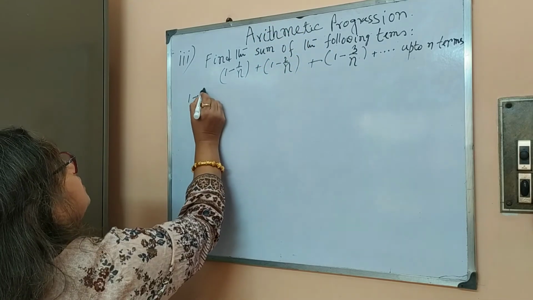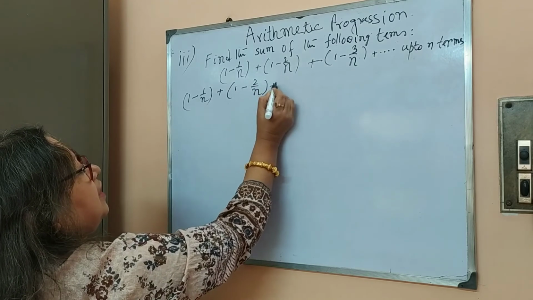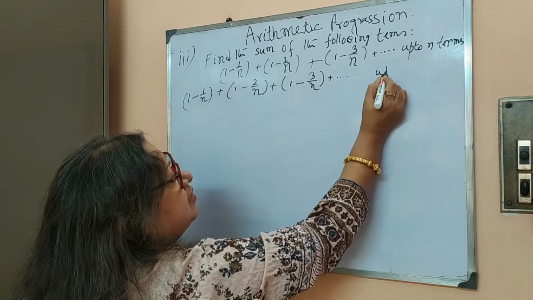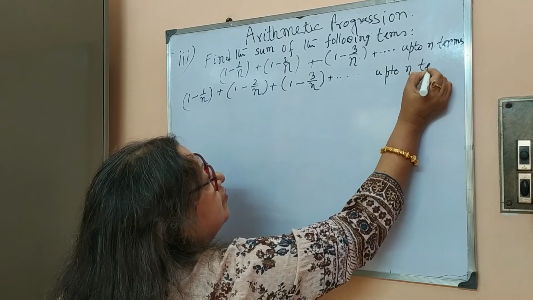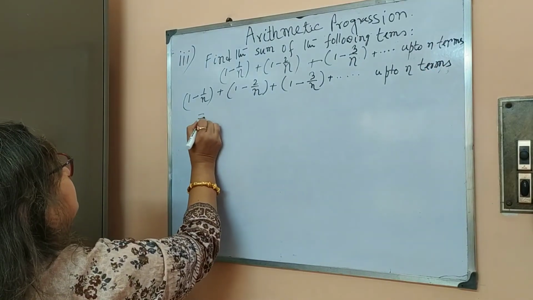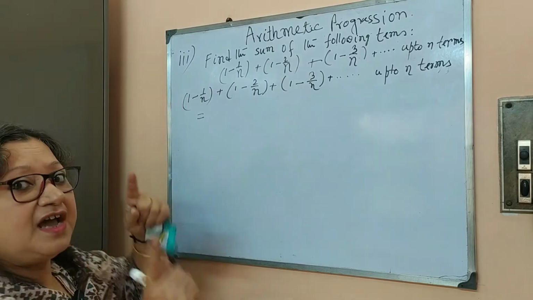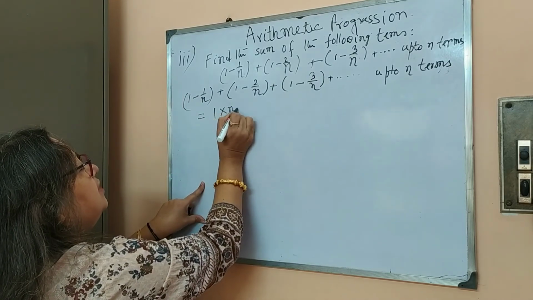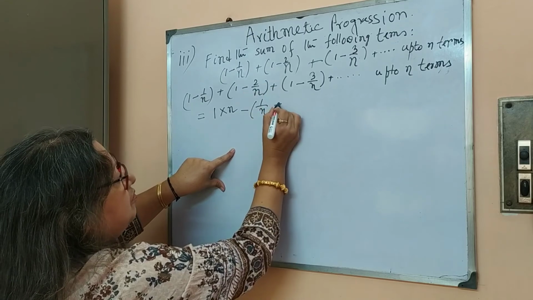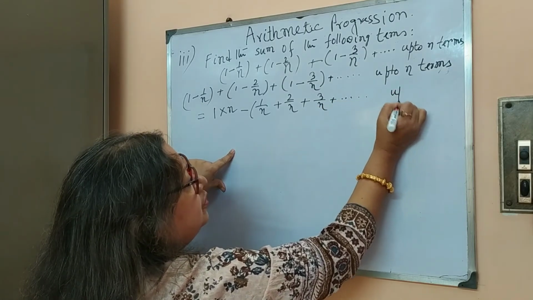Now we can write this as 1 plus 1 plus 1 up to n terms, means n times 1, that is 1 into n, minus 1 by n within the bracket, 1 by n plus 2 by n plus 3 by n plus dot up to n terms.